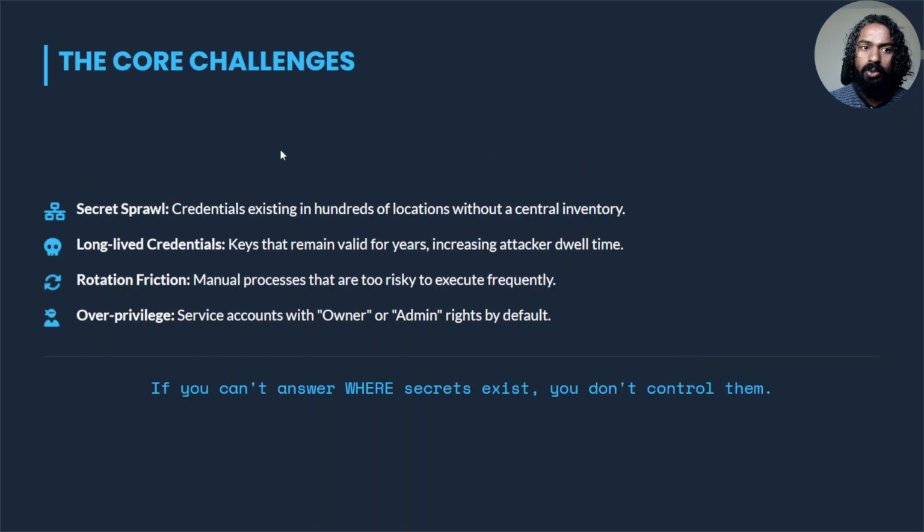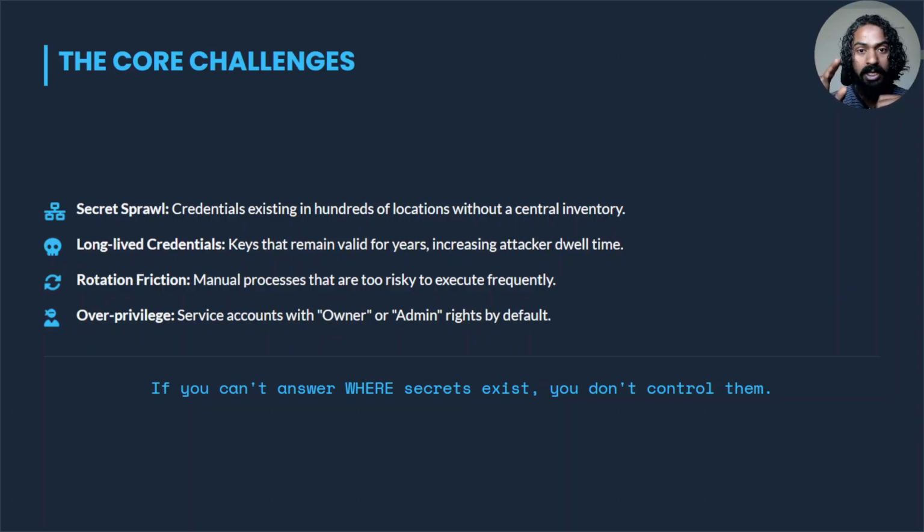And when it comes to some core problems, right? Most organizations usually struggle with these five main issues. One is secret sprawl across environments, then credentials that never expire, no automated rotation of your credentials, and then your overprivileged service accounts.